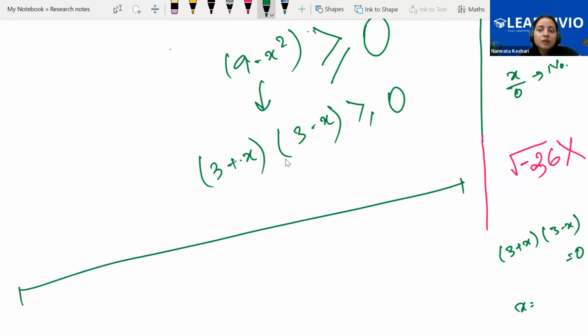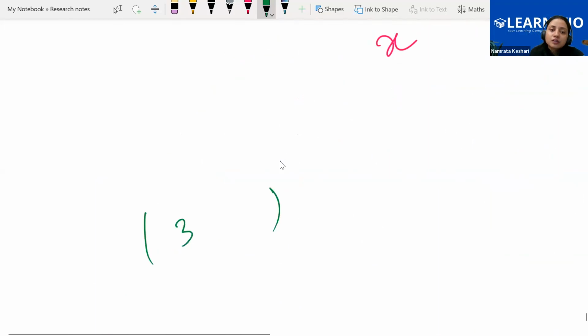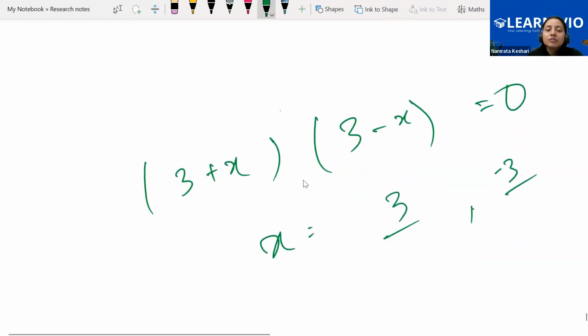Can you tell me what the x value is? Then x will be 3 and minus 3. Yeah.